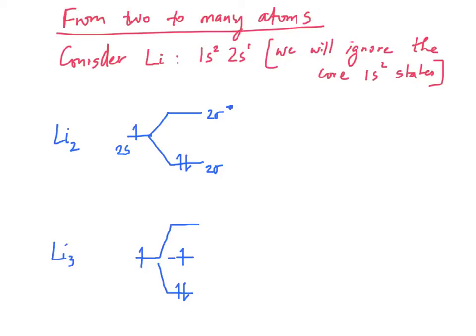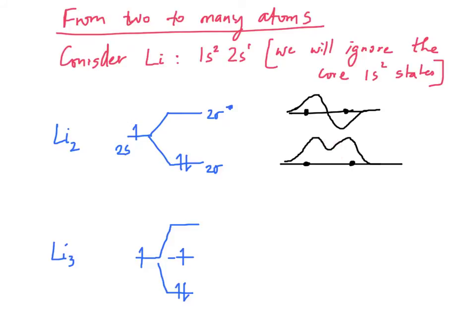Before we move on to the more complicated cases, we are also going to very quickly make plots of the orbitals themselves, just like we did before. Here is how the wave function of the molecular orbital of the 2 sigma bonding combination will look. We have already seen this before.